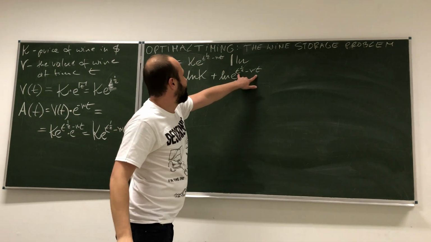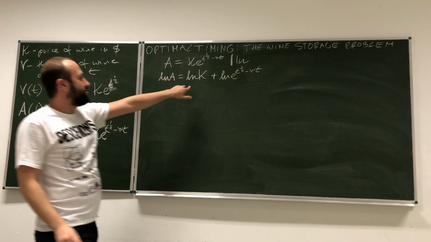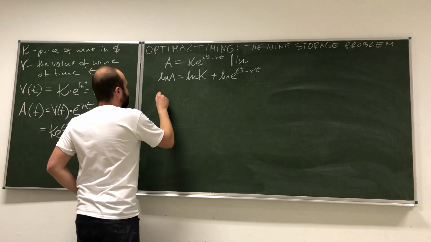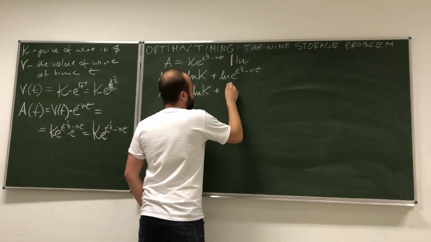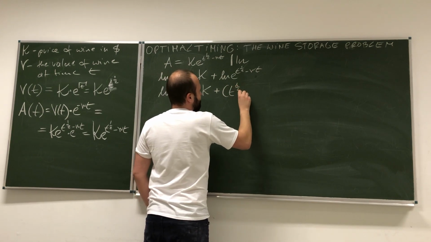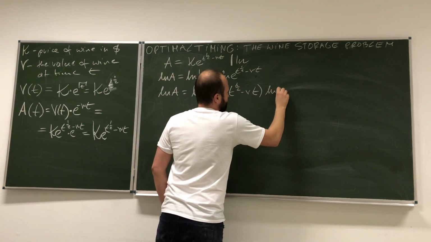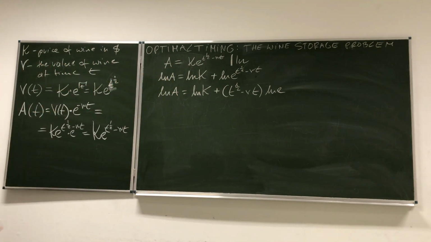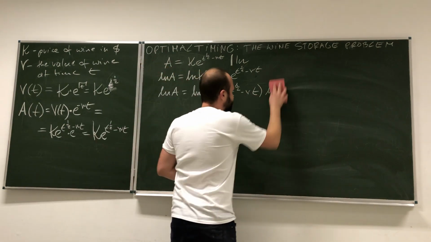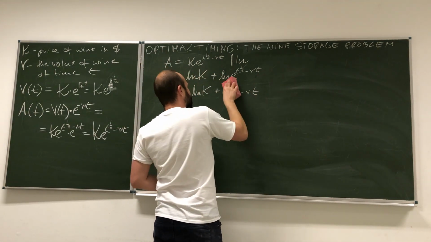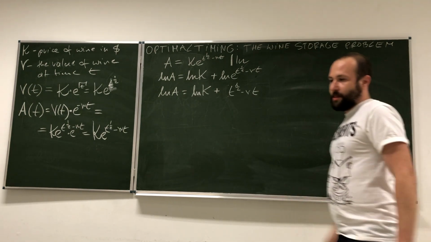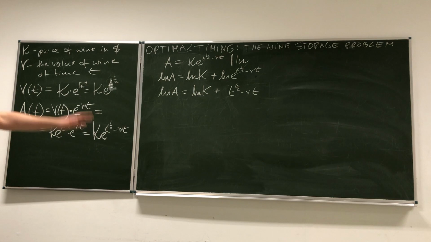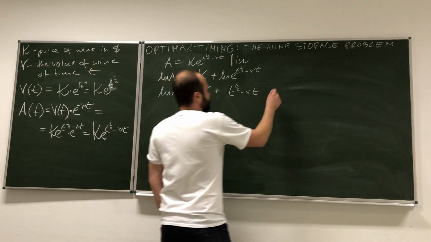We remember that we can take this exponent and move it in front of the logarithm. And at this moment, I hope everyone remembers that ln e is simply 1. So, this is what we've got. Okay, now we can just calculate derivative of both sides.